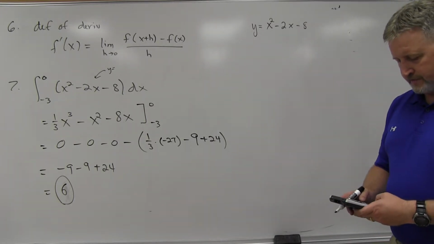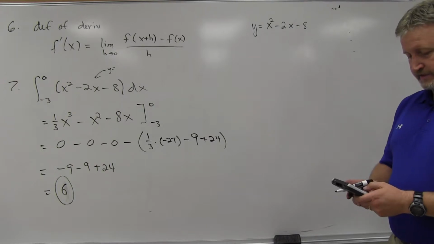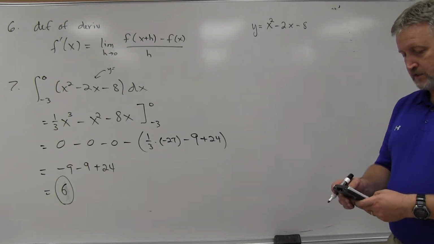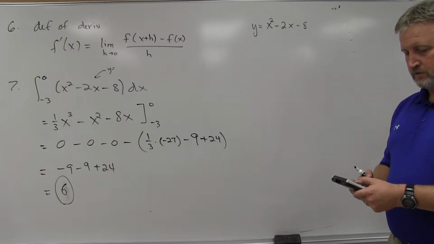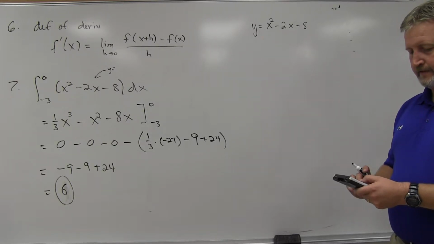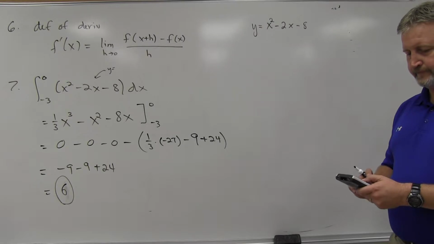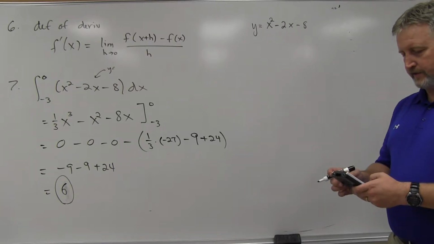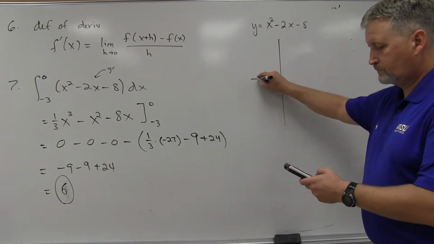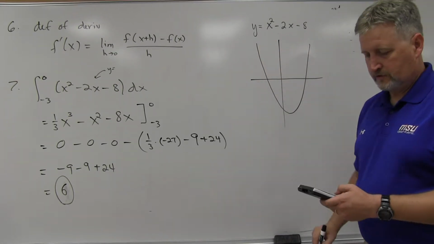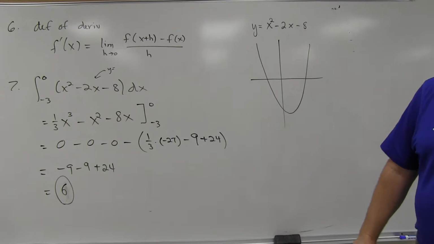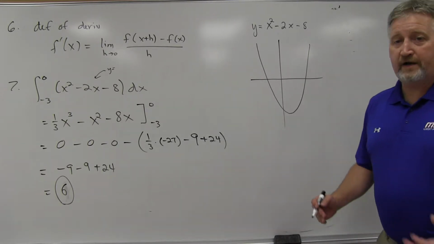x squared minus 2x minus 8. Graph. Didn't like my square there. Okay. Yeah, that looks better. So, what area is it?